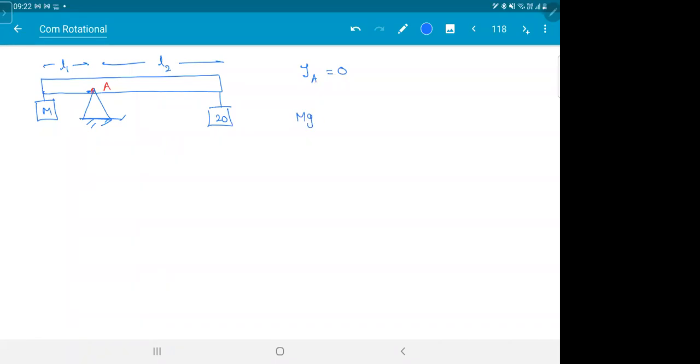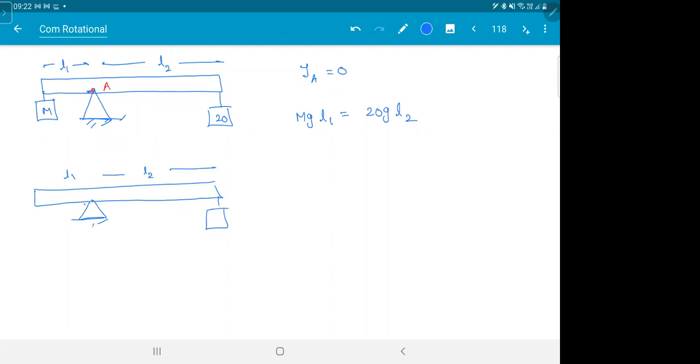So mg into L1 should be 20g into L2. There's a torque, force into perpendicular distance. The same thing, so L1, L2 won't change. This was M, this was 5. Again, torque about A is 0. 5g L1 is mg L2.